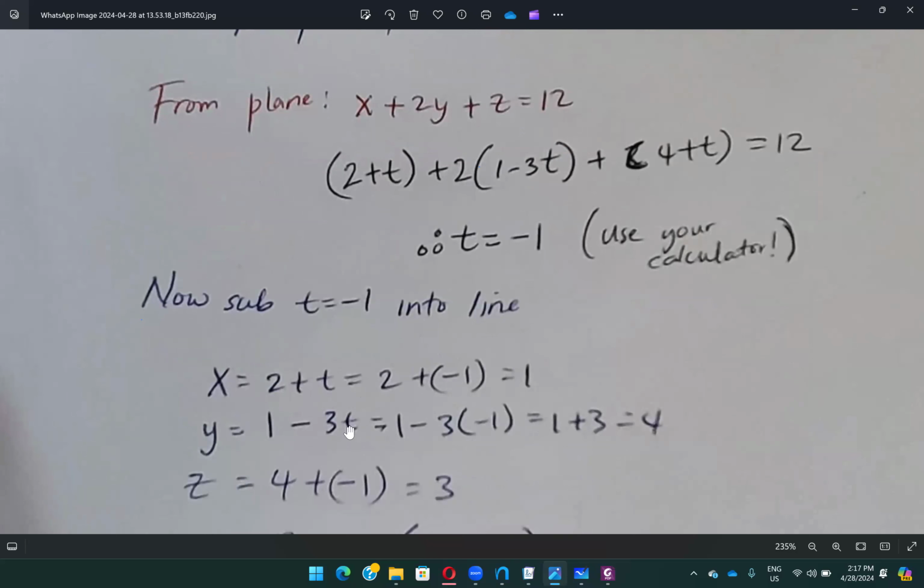I want to look at this. The angle between any two lines in three dimensions will be cosine of theta equal d1 dot d2 over the product of their magnitudes.